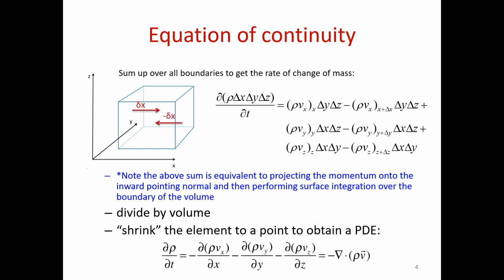A lot of different things, from mass to momentum and so forth, we will get a divergence term in there. Divergence physically is what is flowing through the boundaries, just think about it that way. And in that sense, it's related to a surface integration over a surface. All right. So basically, that is my equation of continuity.